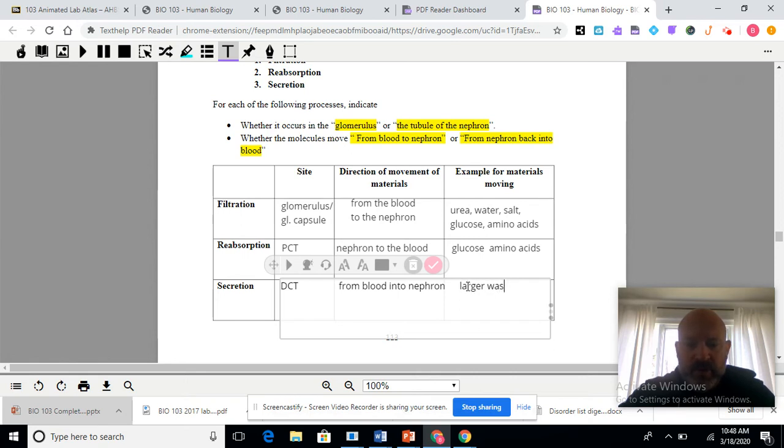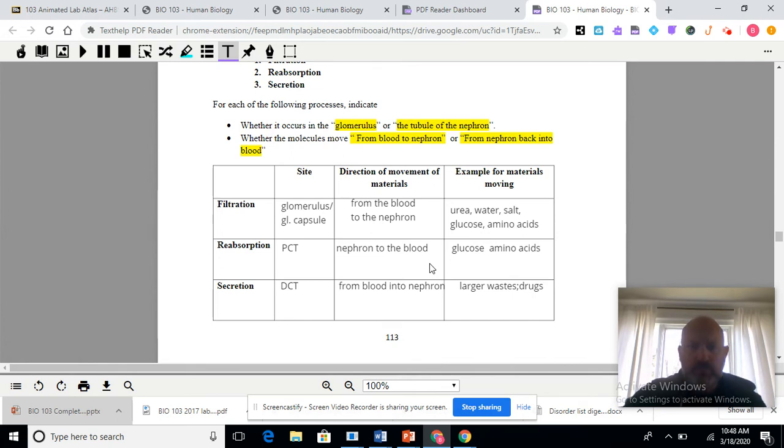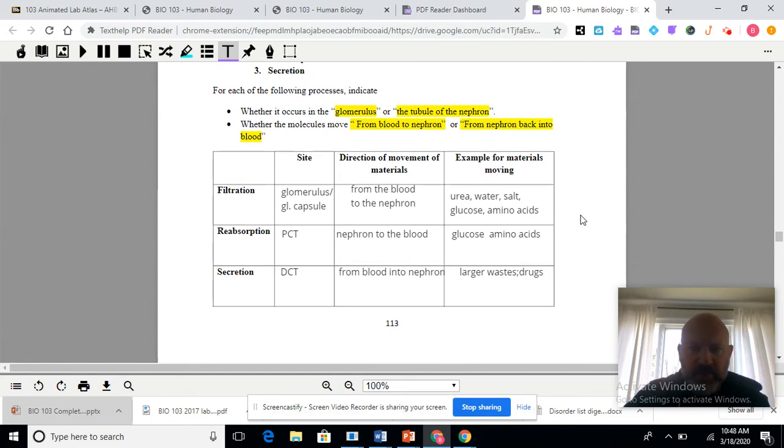Larger wastes, drugs, let's just say. Simple. All right. So three major processes happening in different parts of the kidney.